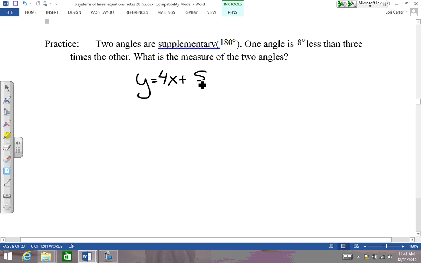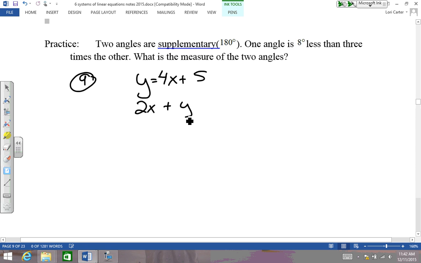Okay, what problem is this, first of all? Number 9. So this is number 9 out of your book. The second equation is 2x plus y equals 17.